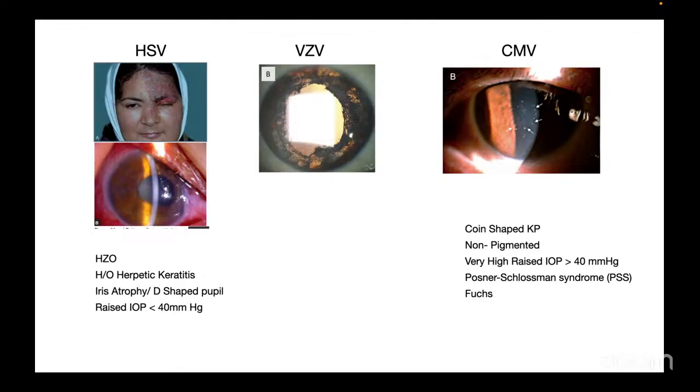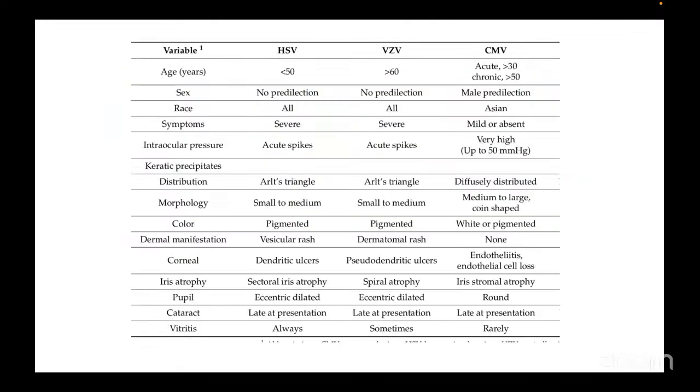For high IOP, that's why I mentioned all three here, because CMV, Posner-Schlossman, and Fuchs present with high IOP. So you have to differentiate between them. You can take a screenshot, or this is in the article also.